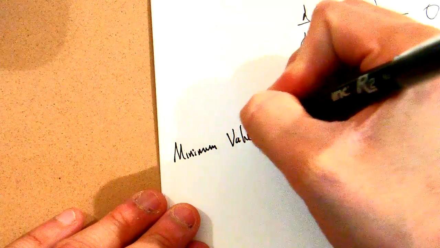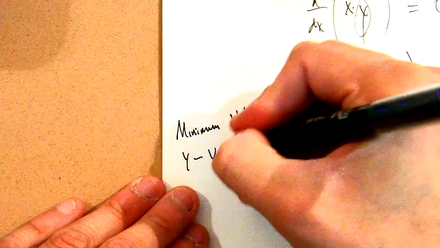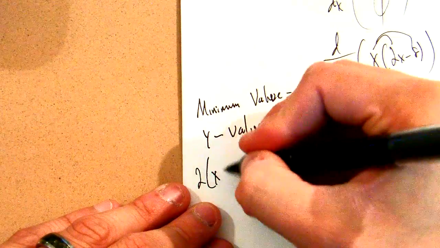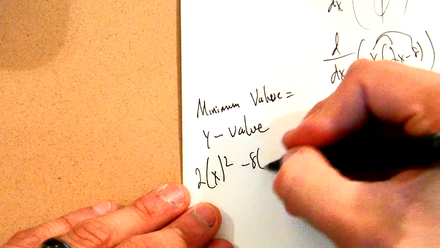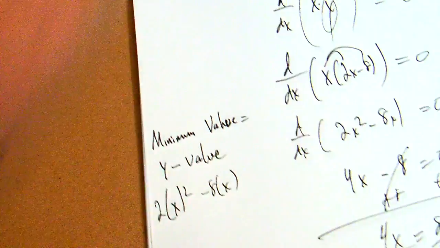So to find the minimum value, this is the y value. So we have 2 times x squared minus 8x, and just plug in x is 2 here. What do we get?